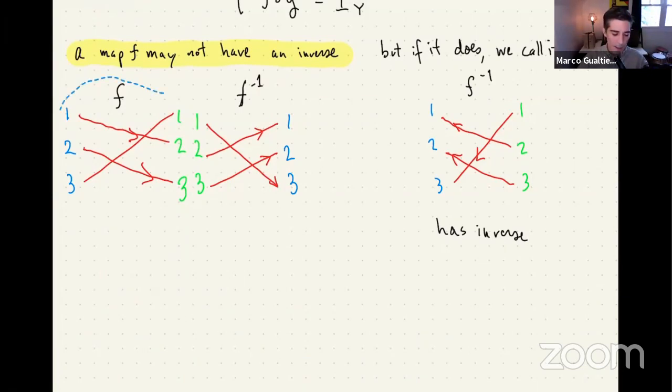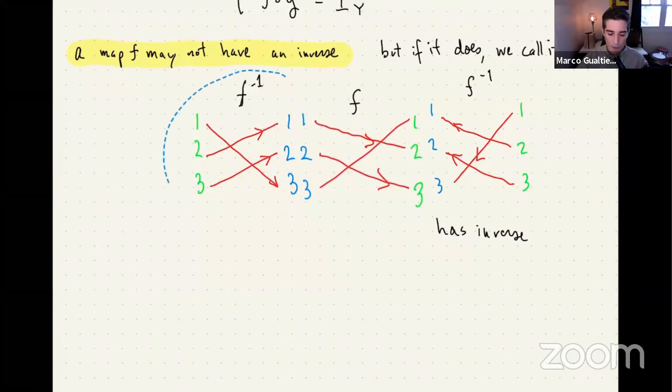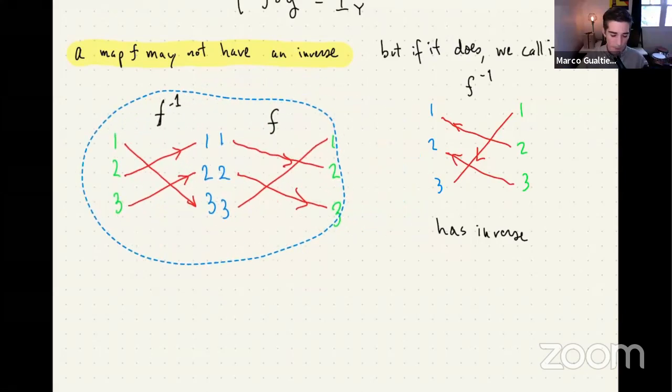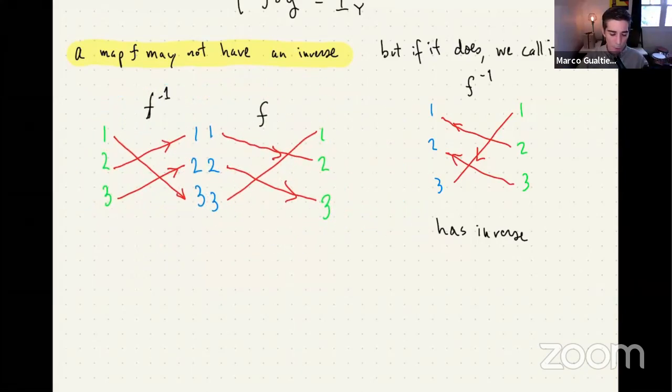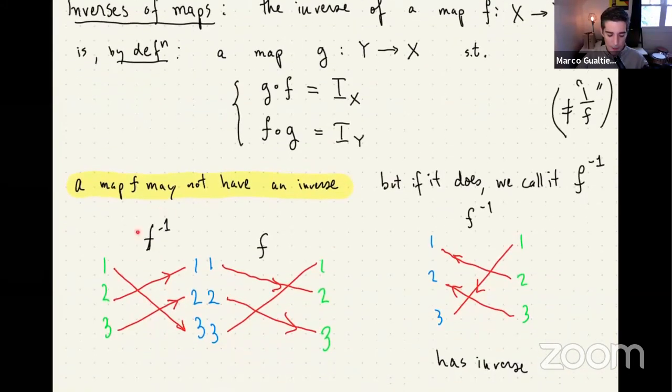If I compose it this way, you see that it's also true that 1 is sent to 3 is sent to 1. So I get the identity map on 2 and 3. So that's verifying these two conditions, that we've found a map, which I gave the name F inverse, such that when I compose it with F on the left or on the right, I get the identity maps. So that proves that this map is the inverse of this map.